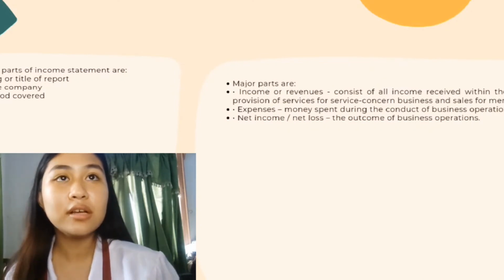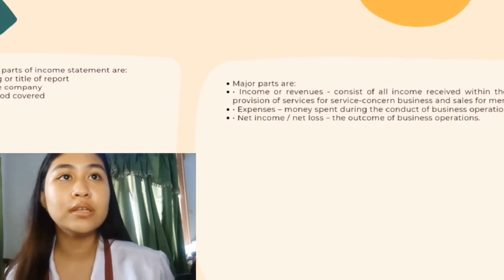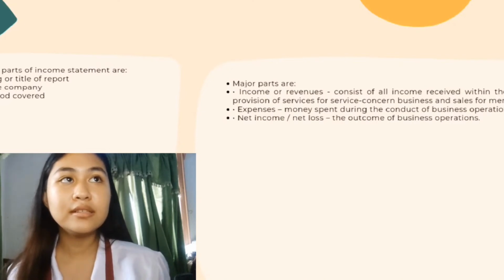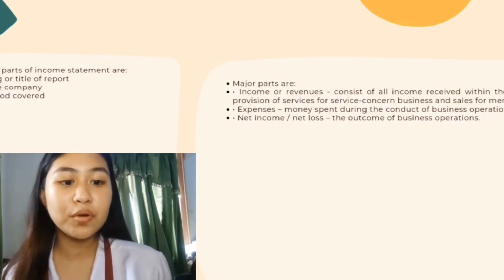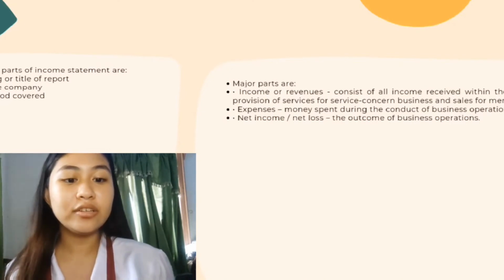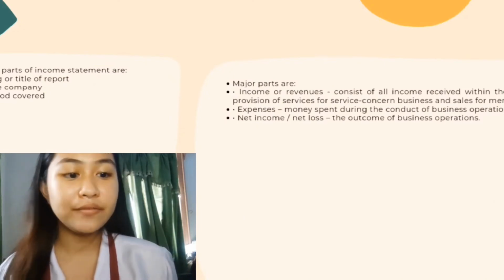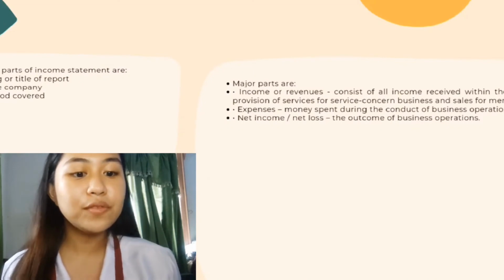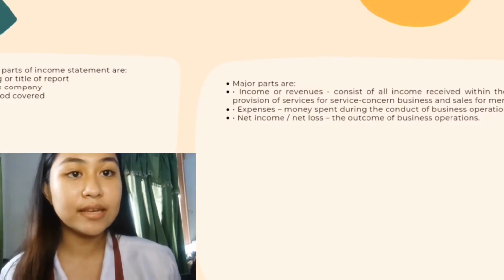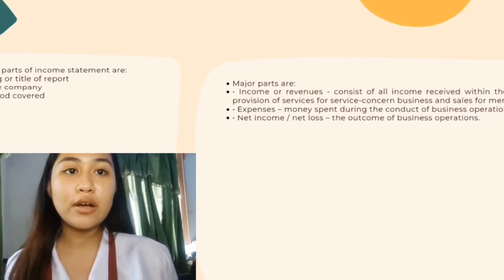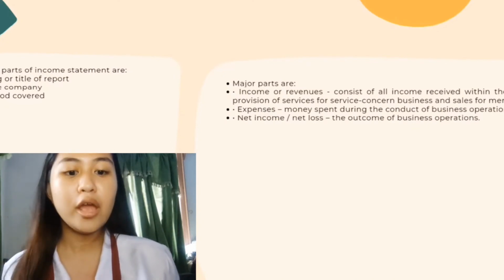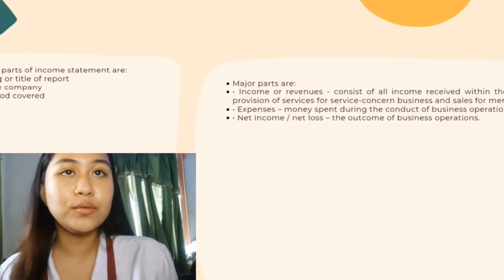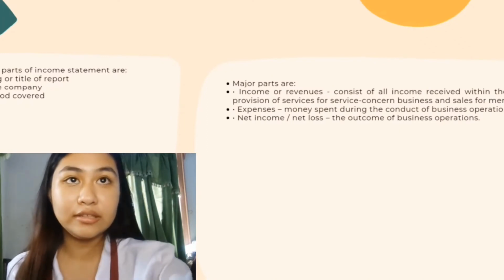Okay, so income or revenues, it includes the sales sa imuhang business operations and an increase in economic benefits during the accounting period in form of inflows of cash or other assets or decrease of liabilities that results in increase in equity. So the income includes revenues and gains.